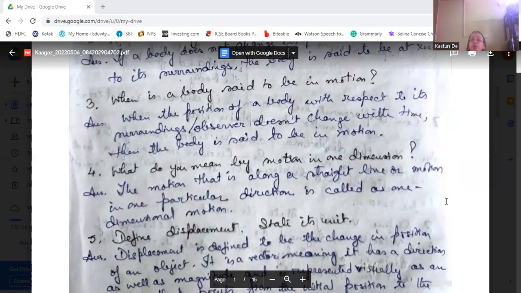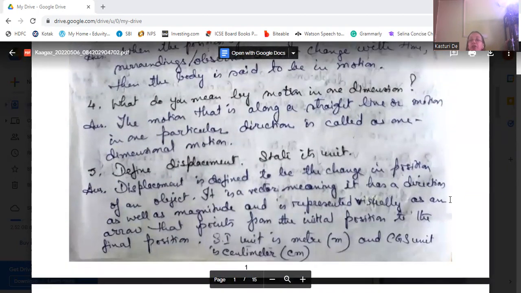The next question is: define displacement and state its unit. Displacement is defined to be the change in position of an object. It is a vector, meaning it has a direction as well as magnitude.